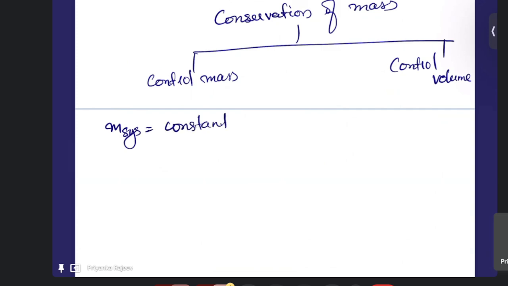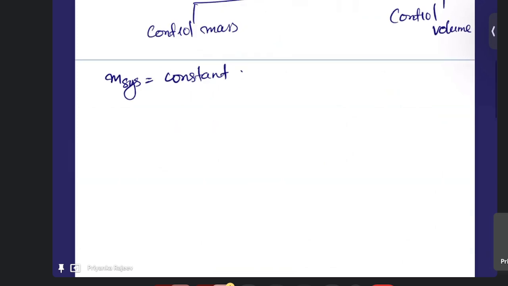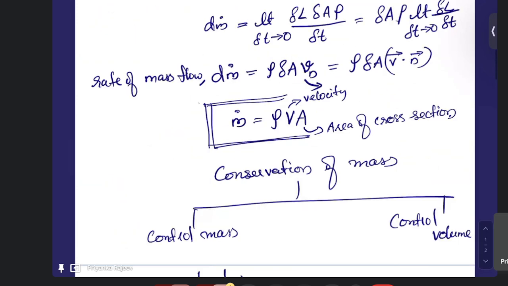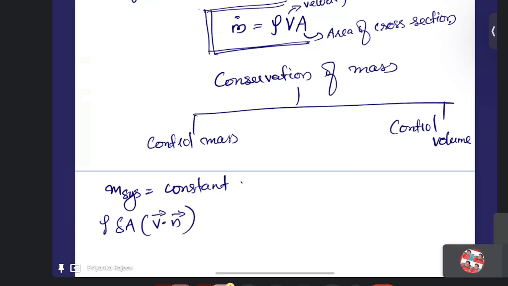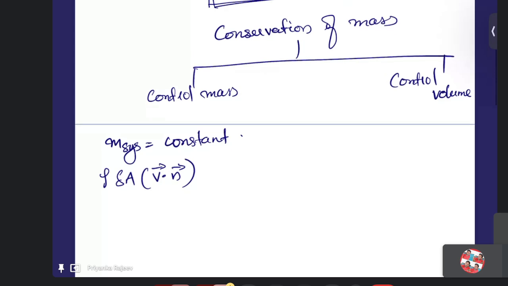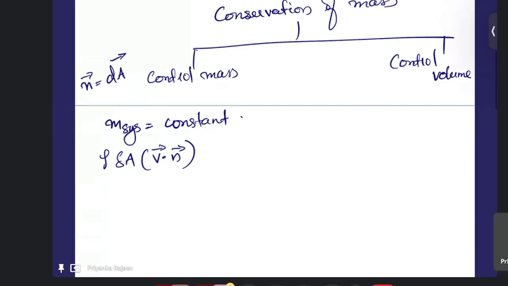That means this whole expression that I have written over here, rho delta A V dot n. Instead of n, you can use the area element also, because this n vector will have the magnitude of dA vector, so you can use it interchangeably.